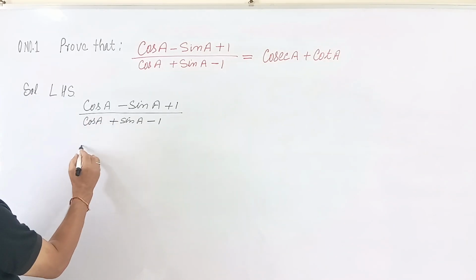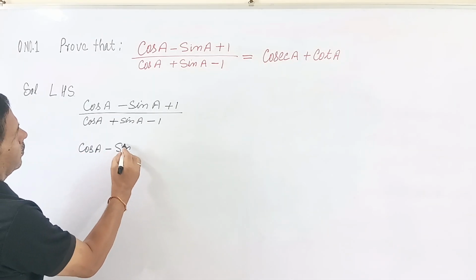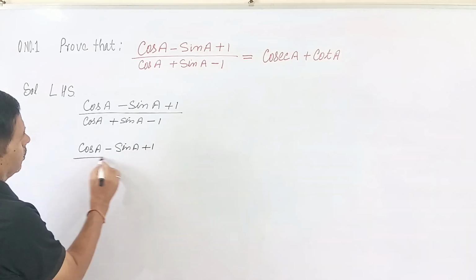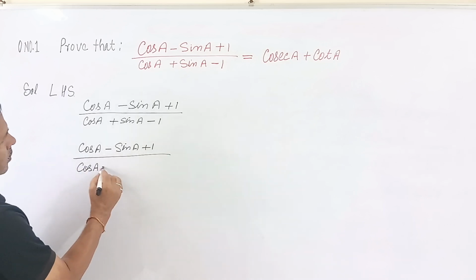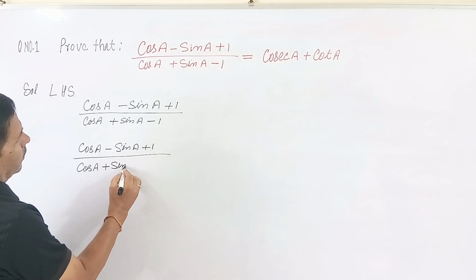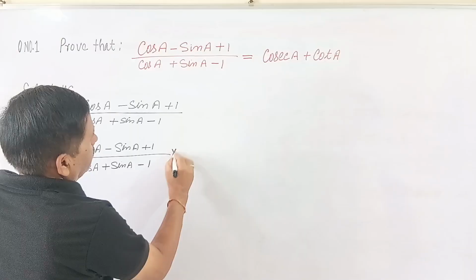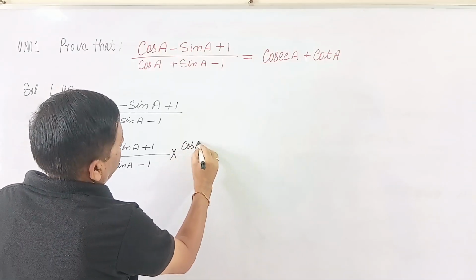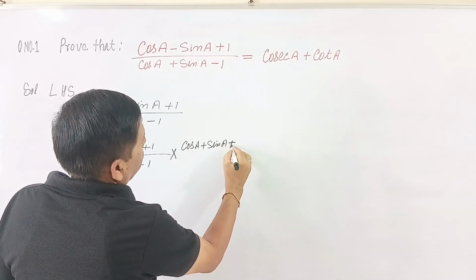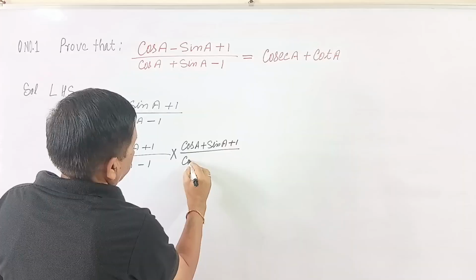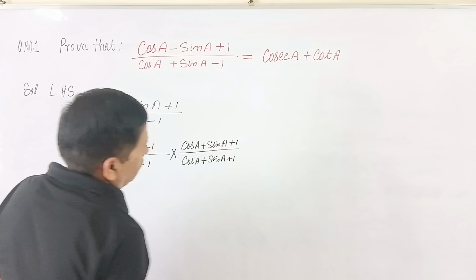So in the next step it will be (cos A minus sin A plus 1) upon (cos A plus sin A minus 1) multiplied by (cos A plus sin A plus 1) upon (cos A plus sin A plus 1).